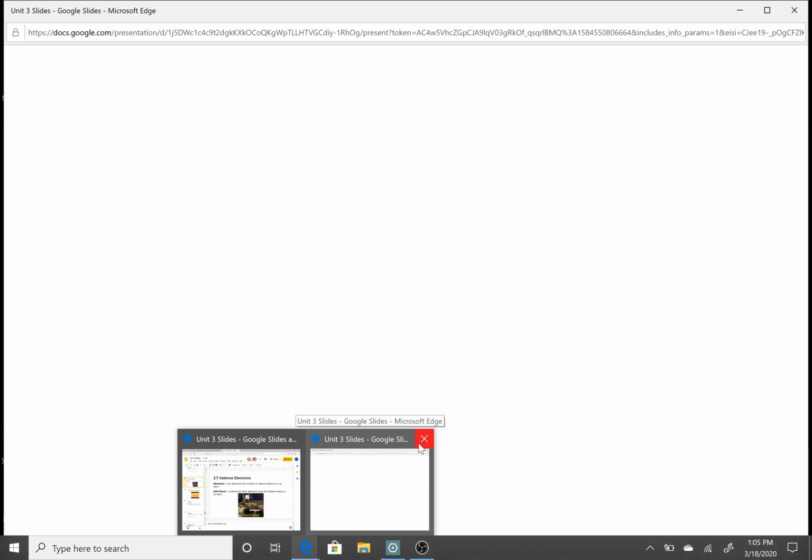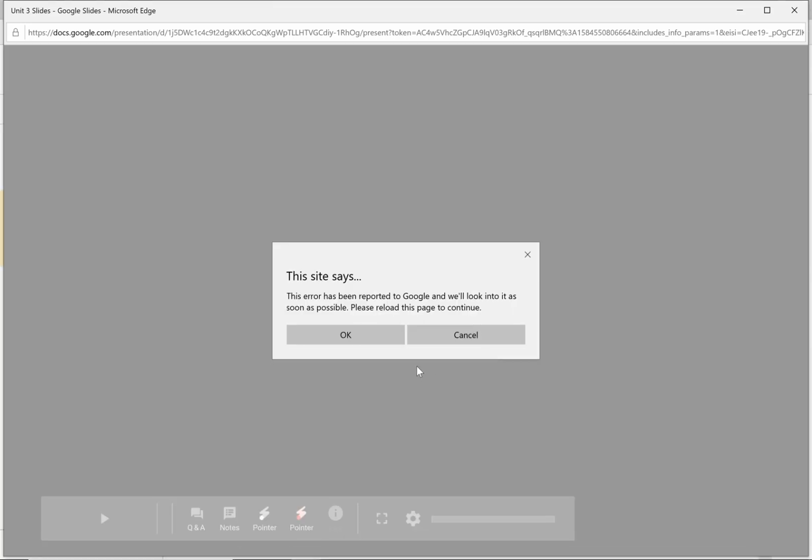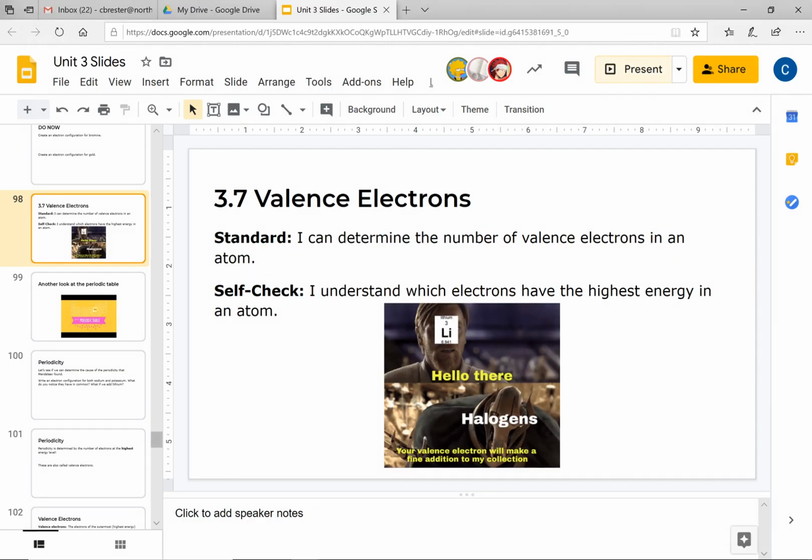I'm just going to stay in the editing mode because the presentation mode doesn't seem to want to be compatible with my video recording tool. So today we're talking about the number of valence electrons within an atom.